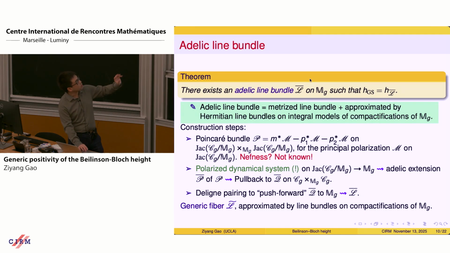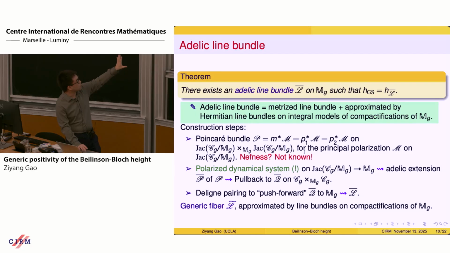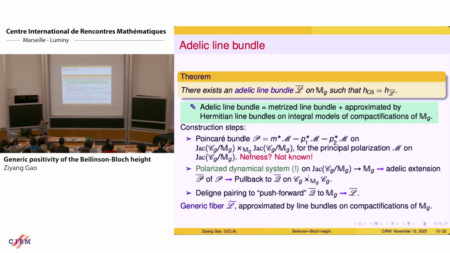Such a construction was given by Yuan using some phi-graph construction, but in our paper we give a new construction for which we really need to prove this volume identity. I will give a sketch of this construction, especially step 1. Step 1 is purely geometric. It is just a Poincare bundle on the universal Jacobian. So you have the universal Jacobian times itself, and then you have a Poincare line bundle.